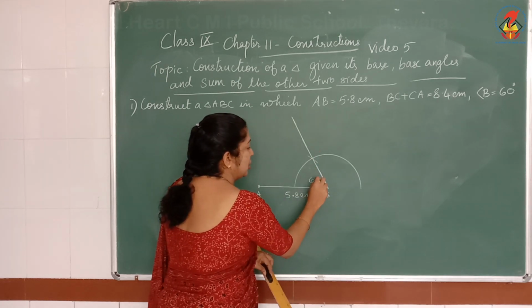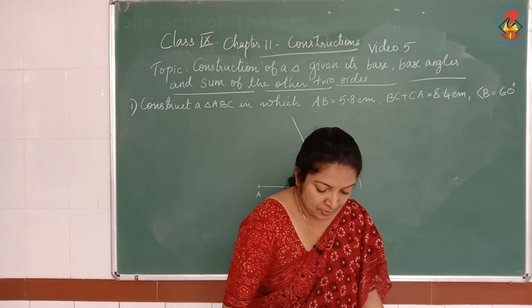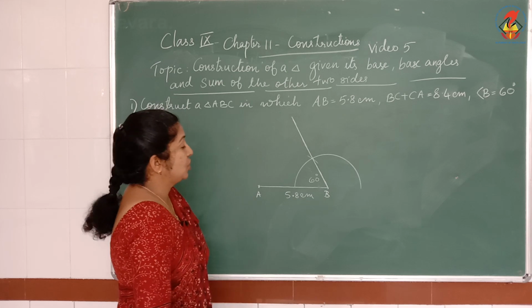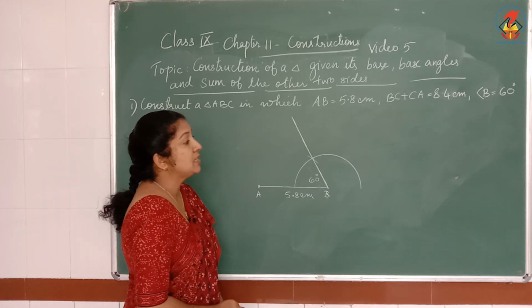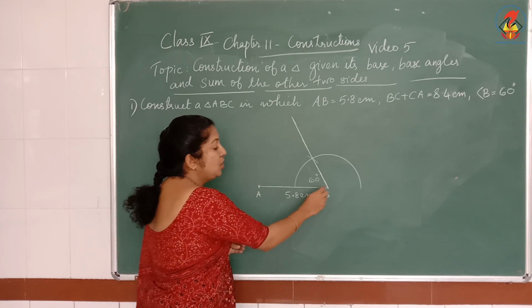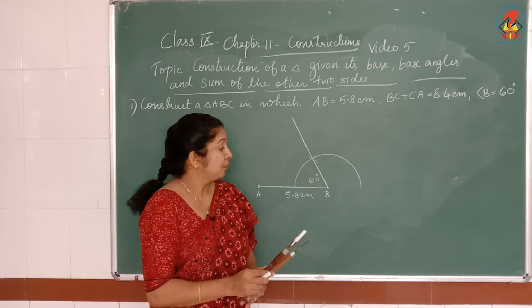Mark it as 60 degree. So what is given next? It is given that sum of the other two sides is 8.4 centimeter.